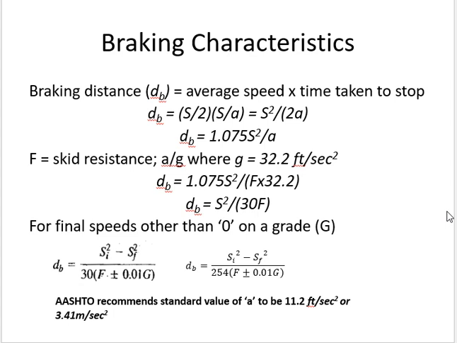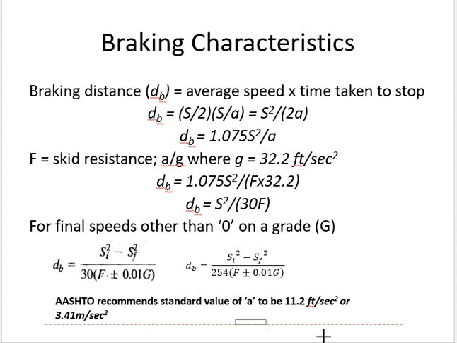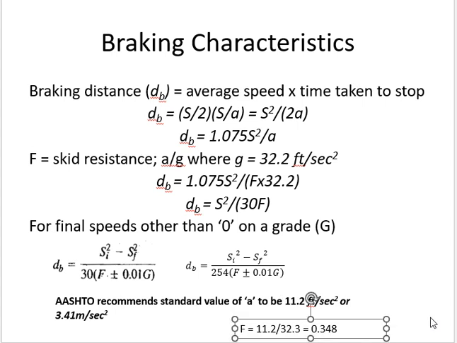If A is 11.2 and G is 32.2, how much is F? So what is 11.2? The normal deceleration rate, and this is the gravity.